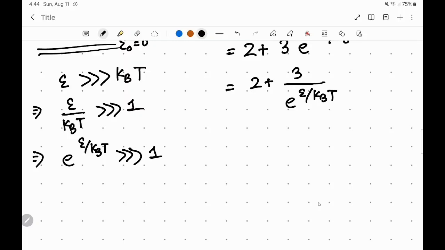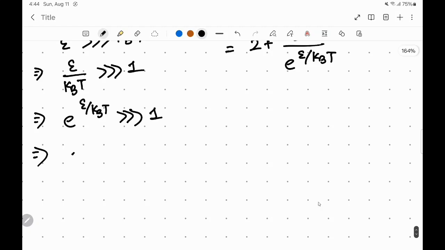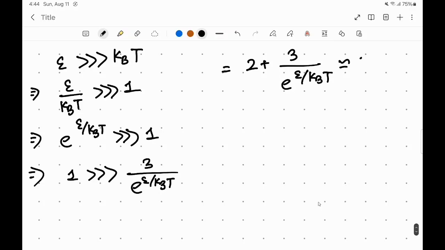Even if you multiply it with 3, it should remain the same. So you can consider this 2.